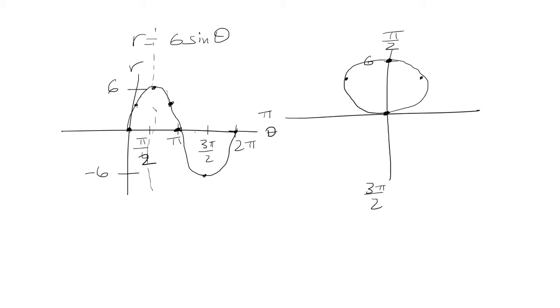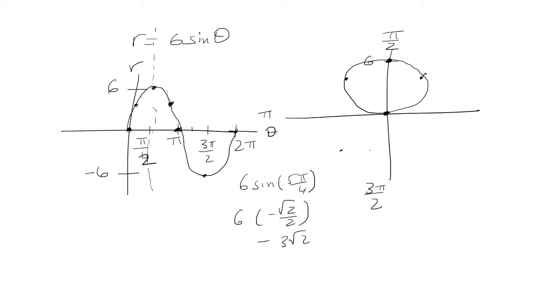And let's pick a point somewhere between pi and 3 pi over 2. Let's say 5 pi over 4. So 5 pi over 4 is over here. But that would be negative. So we would plug it in: 6 sine 5 pi over 4. That would be 6 times negative root 2 over 2, which is just negative 3 root 2. So that would throw us back here.